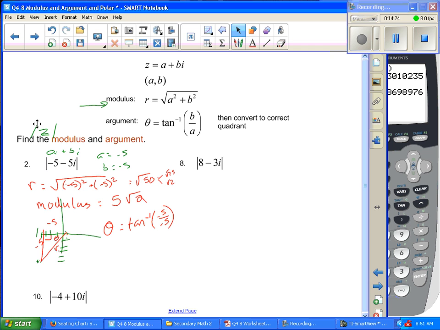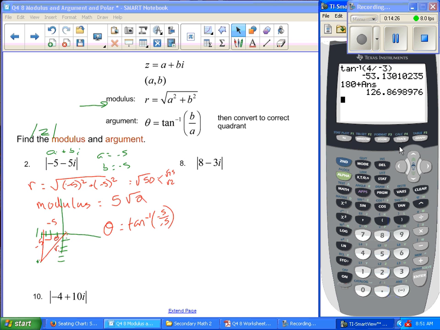Negative 5 over negative 5 is the same as 1, so I could just go inverse tangent of 1 in the calculator. You could even look on your unit circle and find the two places where the sine and cosine values are the same, like root 2 over 2, root 2 over 2, because that would be a 1 also when you divided them. So I know the answer is going to come out as 45 degrees because I know my unit circle. But if I didn't know that, you could type it in.